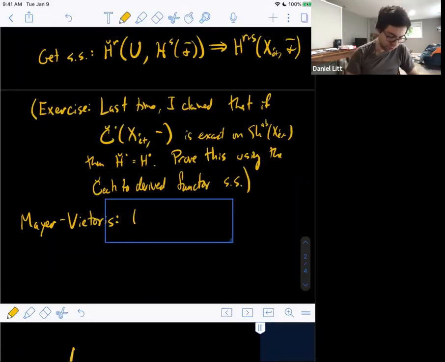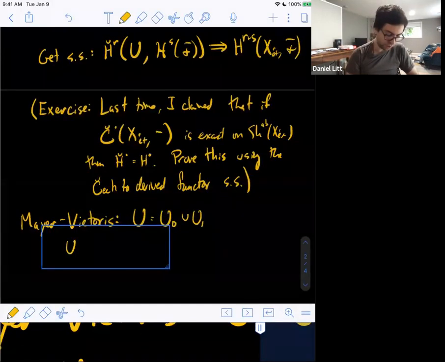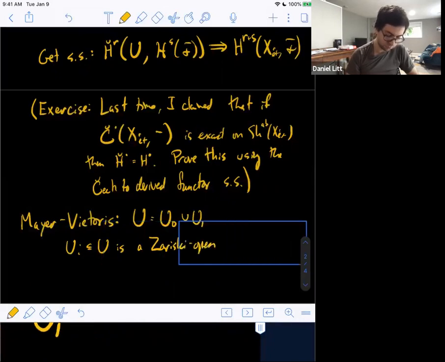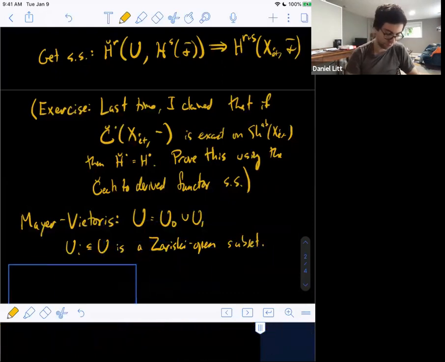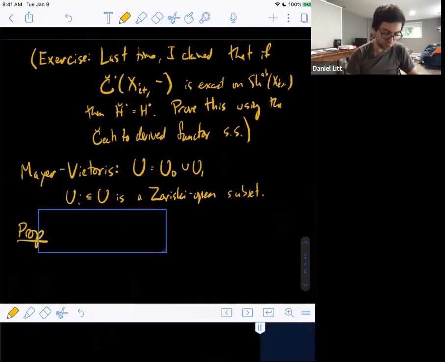Suppose U is the union of some U0 and U1, where each Ui subset of U is a Zariski open. Then the proposition is that there's a Mayer-Vietoris long exact sequence.